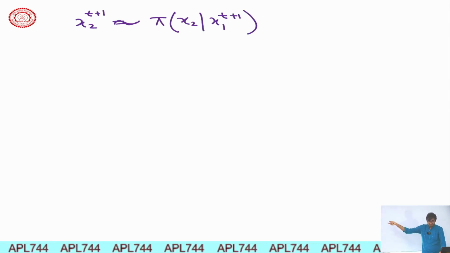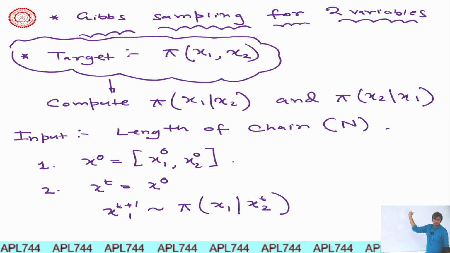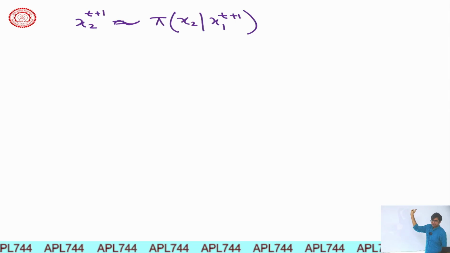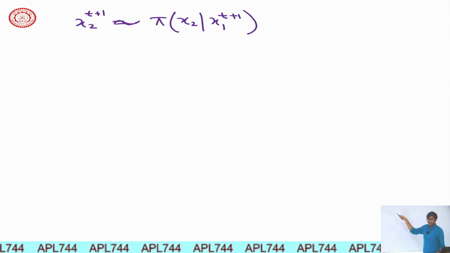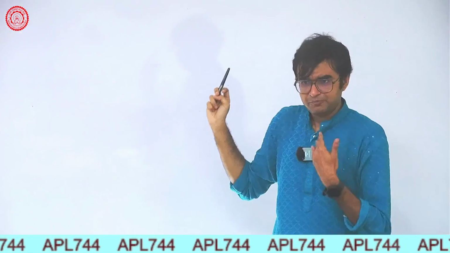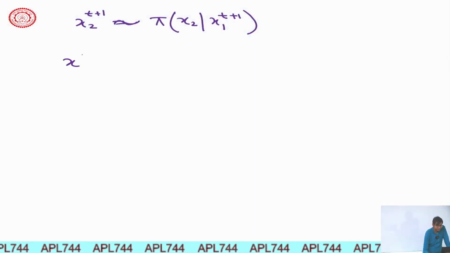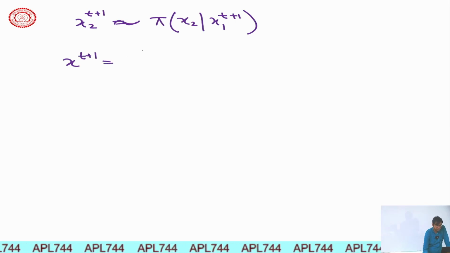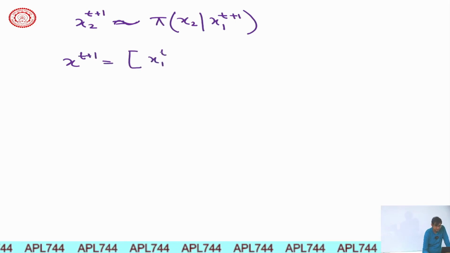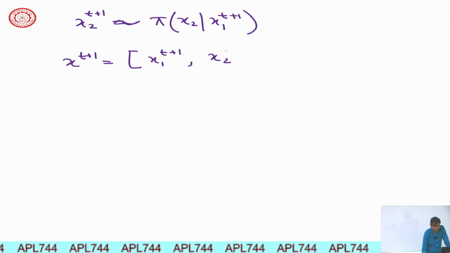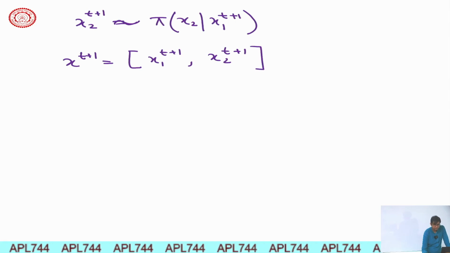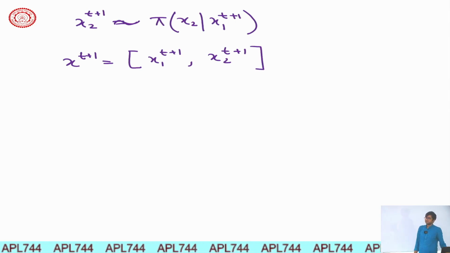So the sample you just generated here will be used as a conditional. Done. That is your algorithm. Keep on doing this for t equal to 1, t plus 1, t plus 2 up to n. Done. So the sample you got is x^(t+1) equal to x1^(t+1), x2^(t+1). Okay, clear?